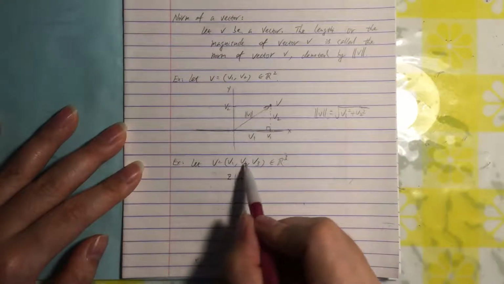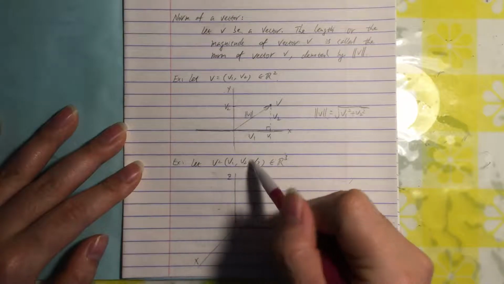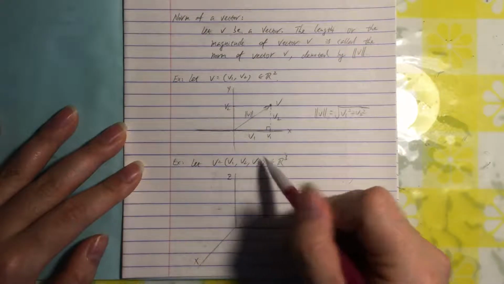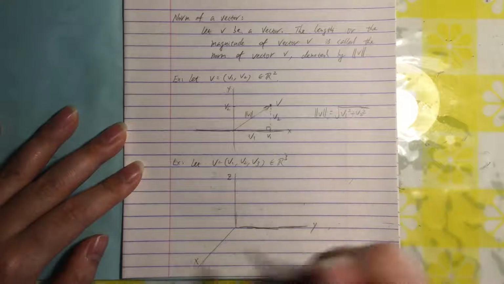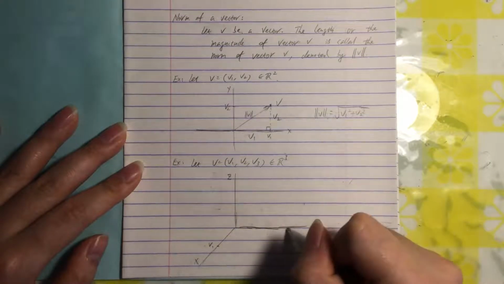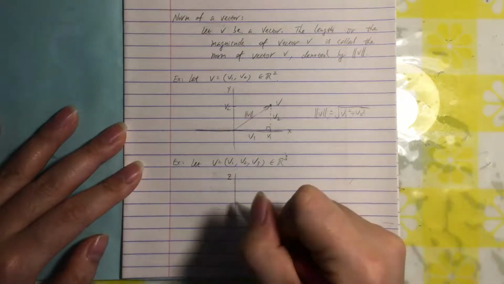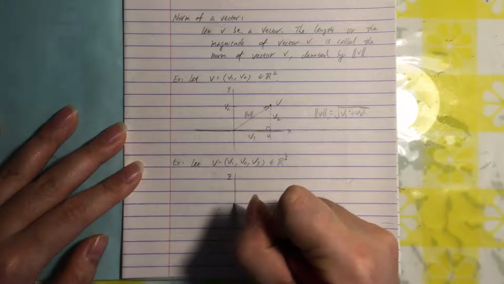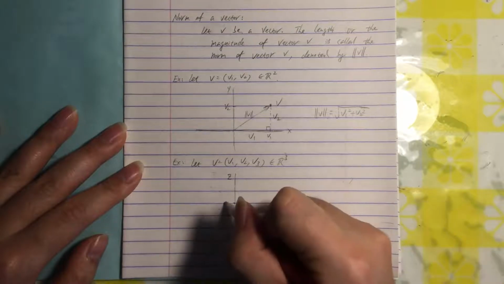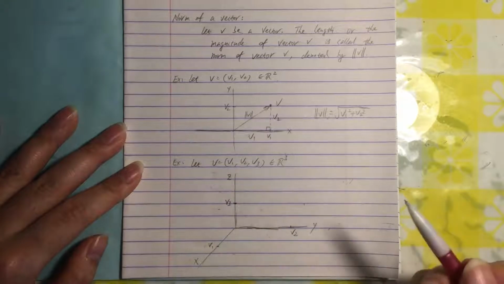Since V is V1, V2, V3, V1 represents the X coordinate, V2 represents the Y coordinate, and V3 represents the Z coordinate. Assume V1 is here, V2 is here, and V3 is here. Assume those are V1, V2, V3.